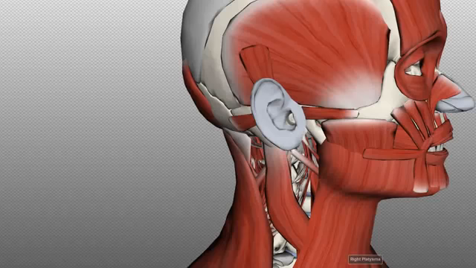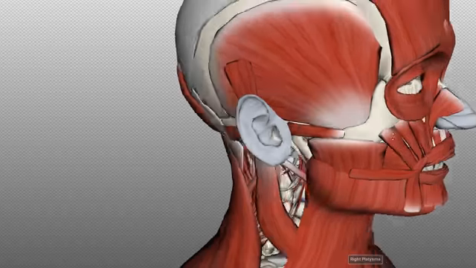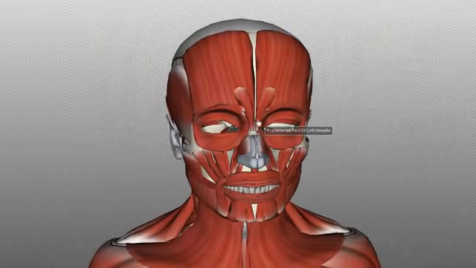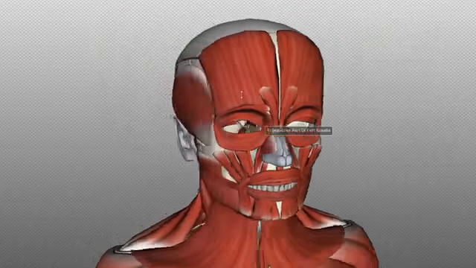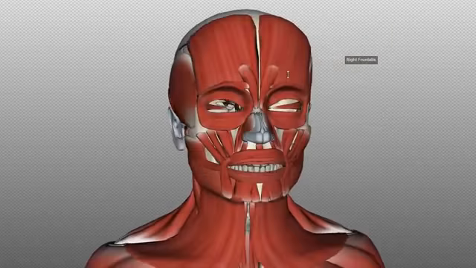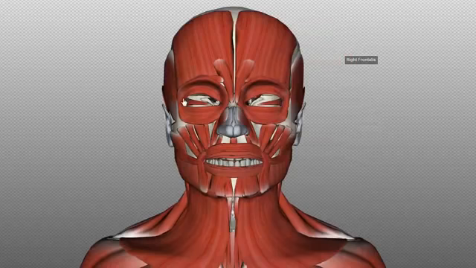So just to quickly recap, muscles of facial expression, you've got the occipitofrontalis with its two bellies, occipital and frontal, and then you've got other muscles of the face which can be broken down into the orbital group, the nasal group, and the oral group.